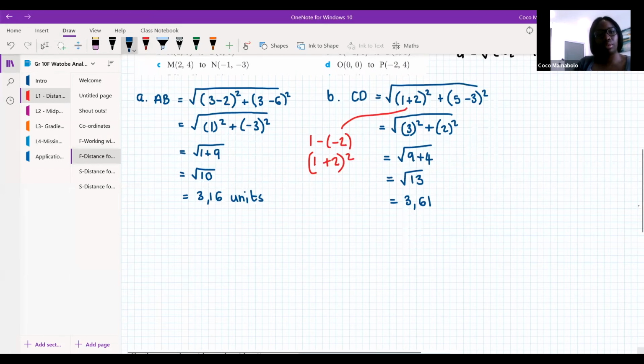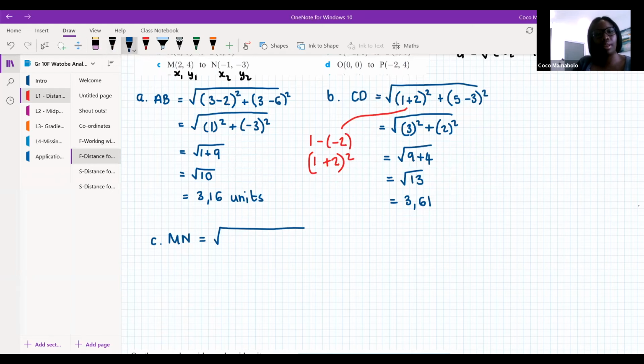All right, so let's look at C. C is MN, which is equal to the square root of, and I'm going to choose this x1 and y1, x2 and y2.